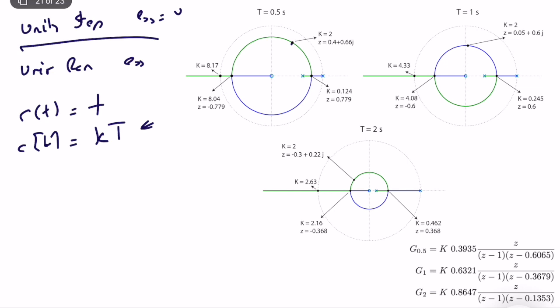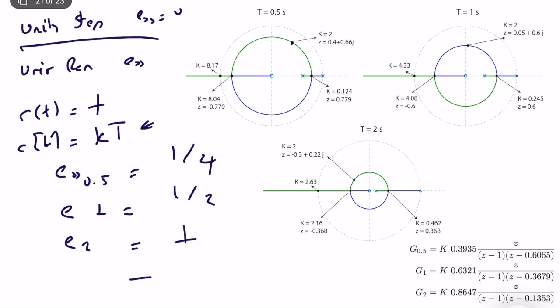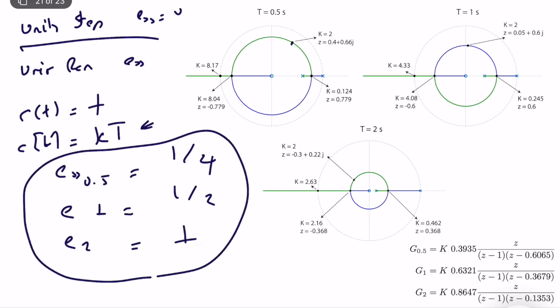In that sense, if we compute the steady state error, we will see that for 0.5, 1, and 2 the errors are 1 over 4, 1 over 2, and 1. Obviously, steady state performance is better for the same gain for the lowest sampling time. I think everything's nice.